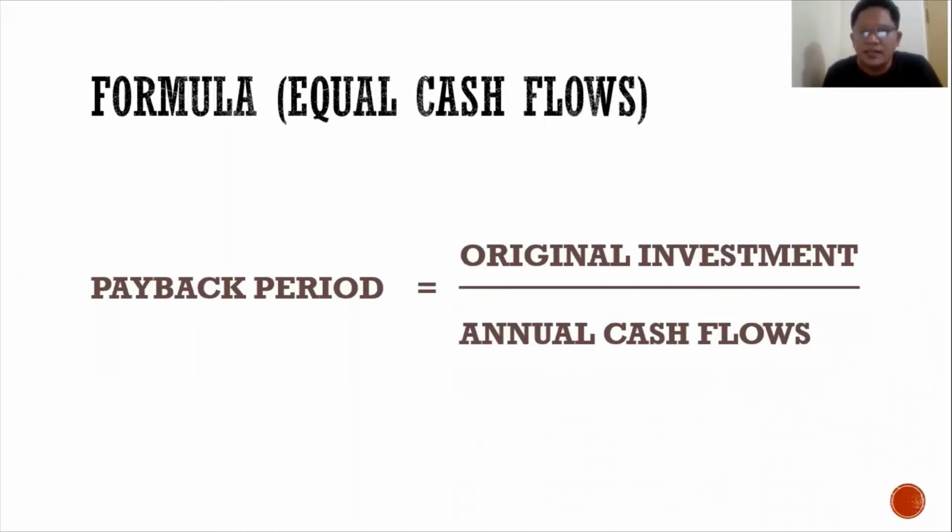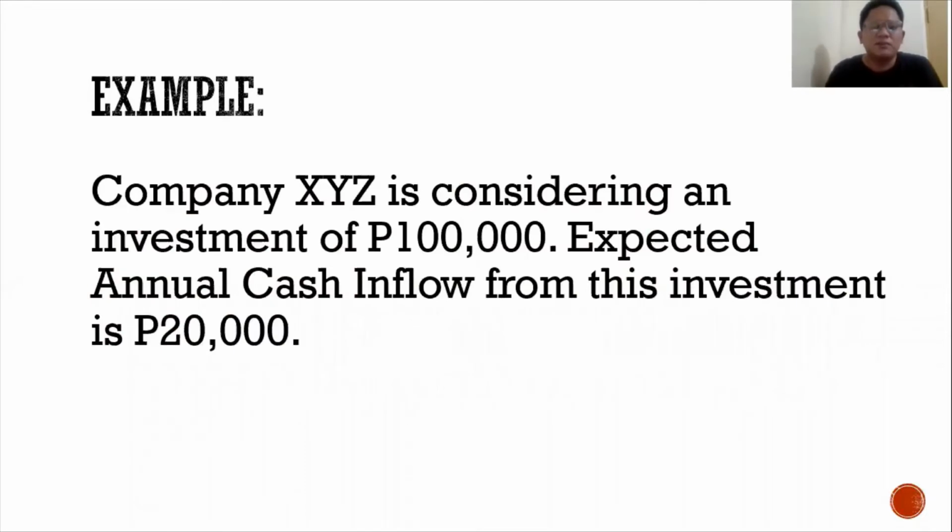So to better understand, let's solve this problem. Company XYZ is considering an investment of 100,000. So we are using payback period prior to deciding to set up a business. Take note, this is not only for students. This can also be used by those viewing who have businesses.